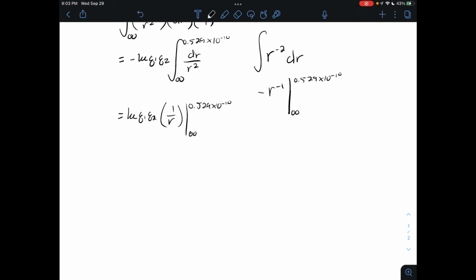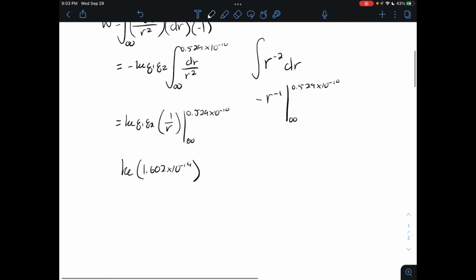So if I start plugging in the values, we have KE. Our Q1, I'm just going to say is the proton, 1.602 times 10 to the negative 19th, multiplied by the charge of the electron, which is negative 1.602 times 10 to the negative 19th.